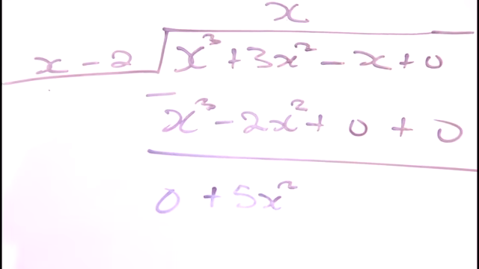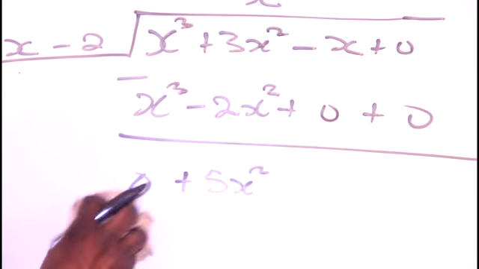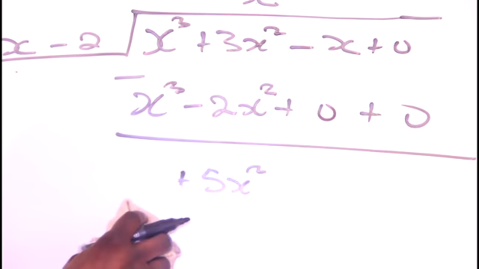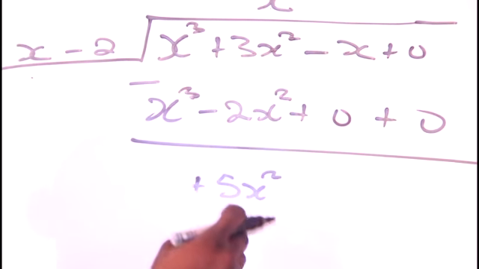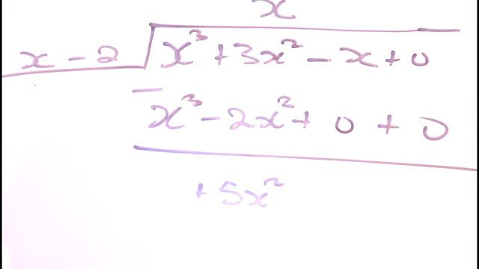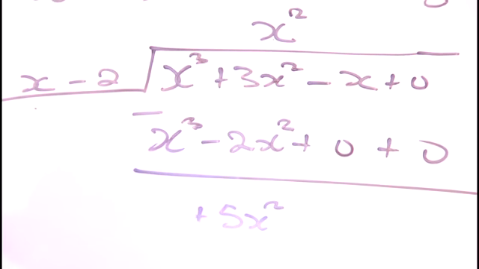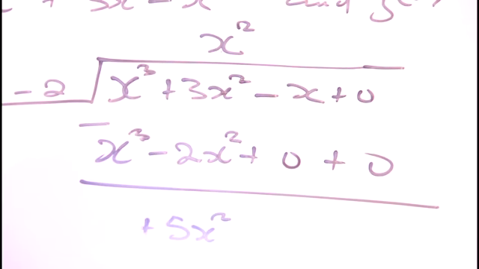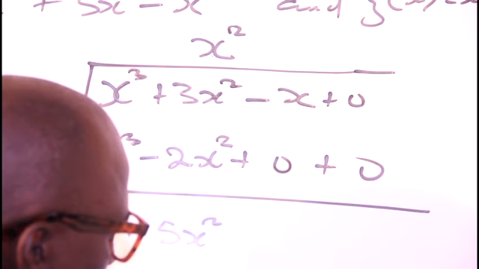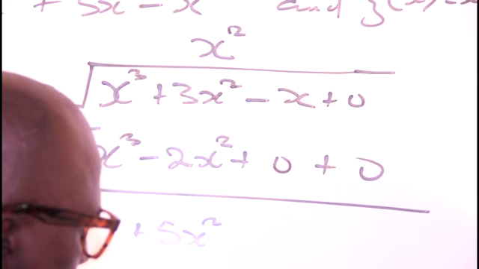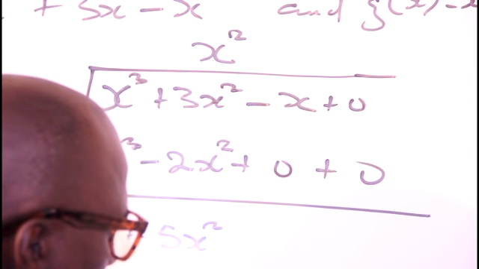Now, if we're able to do that, then we say okay. Then x into 5x squared. What would our result be? That would be 5x, because 5x squared divided by x, this will cancel this, you end up having 5x.